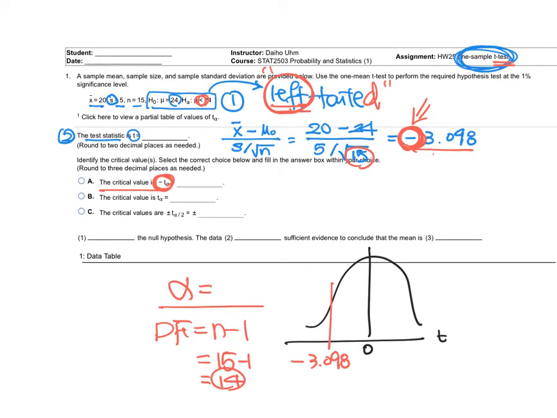And the alpha was given here is 1%. It's a 0.01. So when I go to the t-table, we have to remember what is the alpha and how many is the degree of freedom. It's a 0.01 and 14.